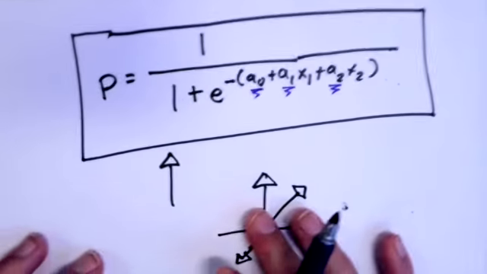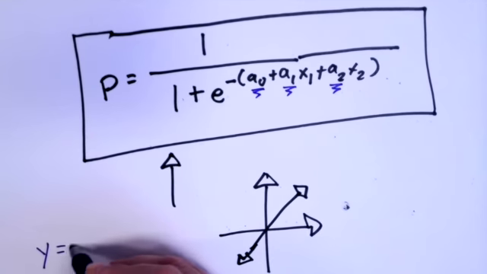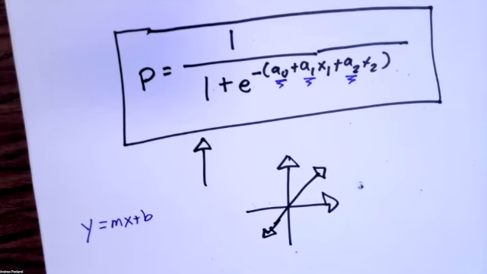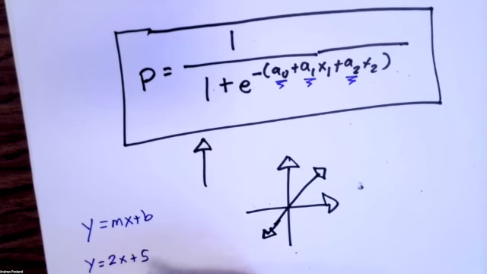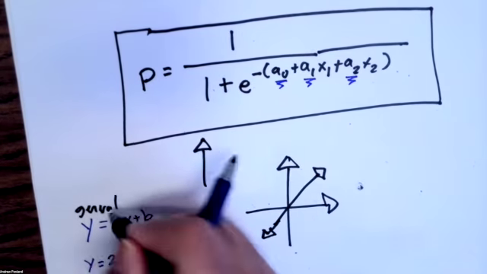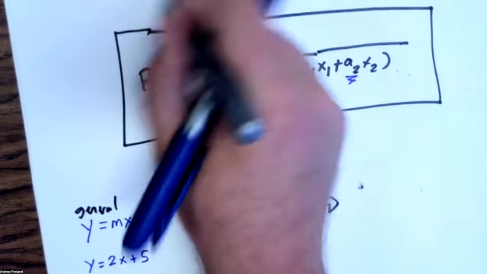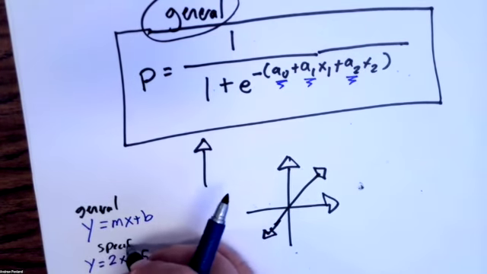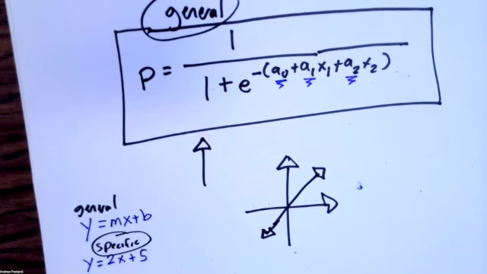Just like in calculus, y equals mx plus b is the general form of a line, but a specific line is something like y equals 2x plus 5. So we have the general form of a logistic function in 2 input variables, but a specific version would have actual numbers plugged in.